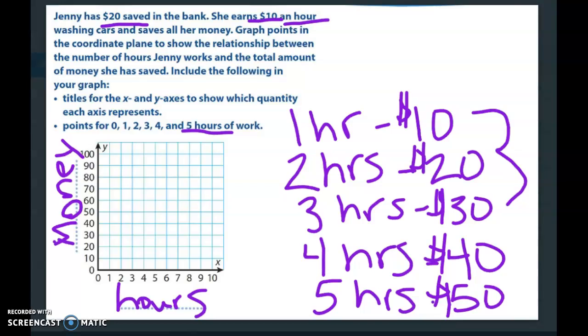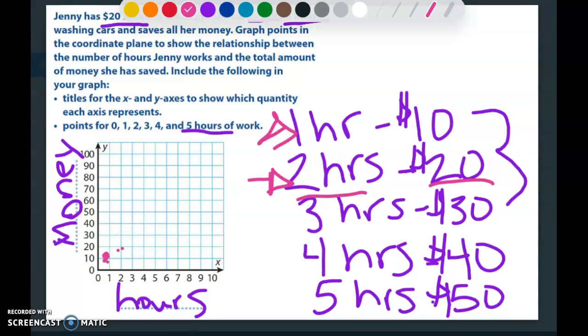Okay, so now what we're going to do is plot those. So let's do our first one here. I'm just going to change my color so you can see. So 1 hour, I'm going to go over 1 and go up to 10. All right, there's my spot. Then my second one, I'm going to go over to 2 hours and go up to 20.